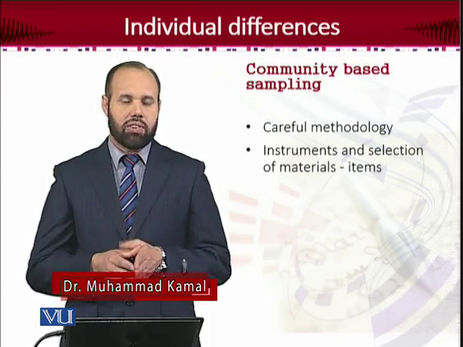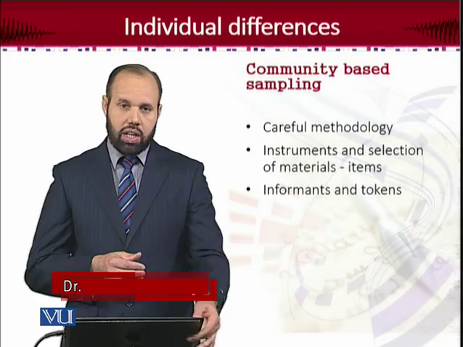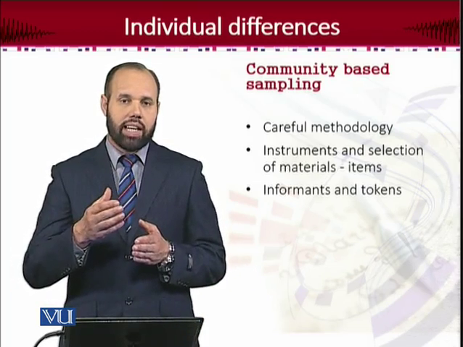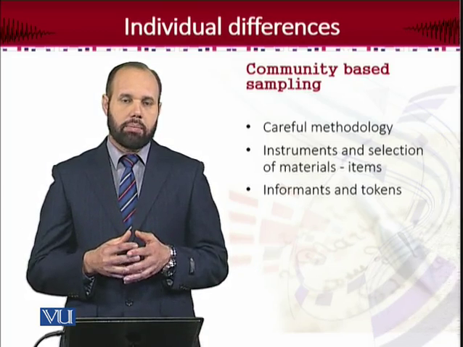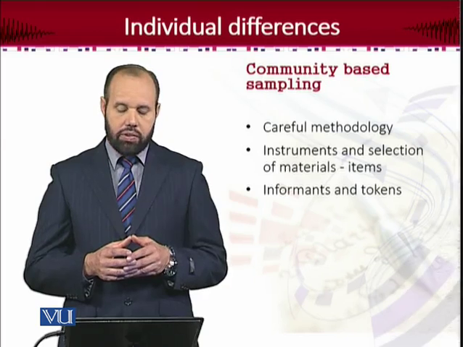And there is very little chance for individual differences to appear. And the informants can also be more than one, in case you want to have the maximum purely community-based data, right?